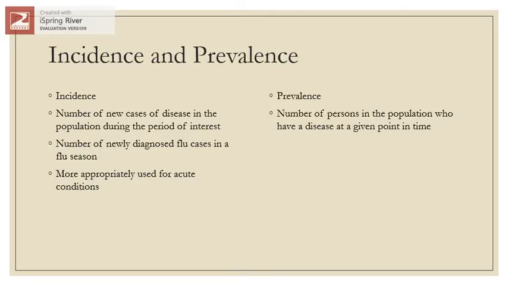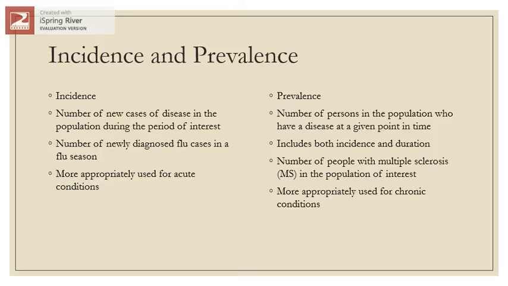On the other hand, we have a term called prevalence. This is the number of persons in the population who have a certain disease at any given point in time. So this is more appropriate for chronic conditions, because it includes incidence and duration.